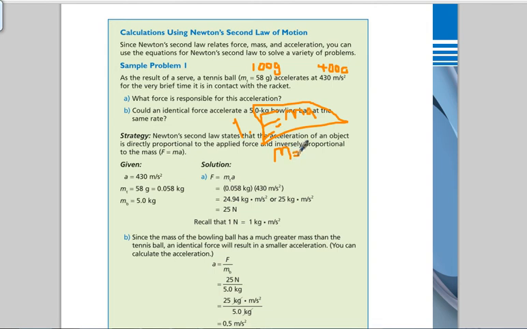So mass, we got mass up here, it's 100. And we need acceleration as well, so we write down a equals. Again, we come up here, we look, okay, yes, acceleration is 400 meters per second squared.